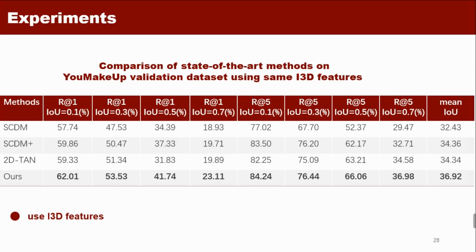Firstly, they compared moment retrieval performance with other state-of-the-art models. We can see that their adjustments boost the rank first at IoU equals 0.5 from 37.33% to 41.74%. Besides, their method also outperforms all baseline models with the same I3D visual feature.